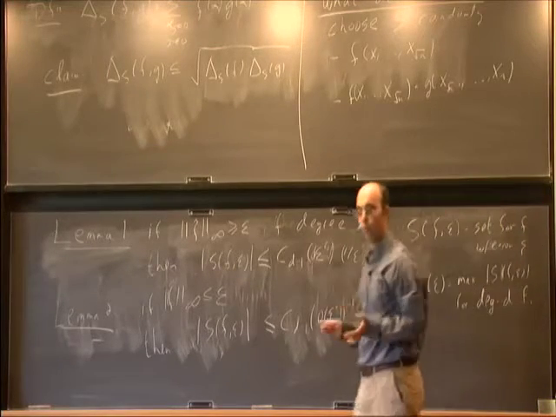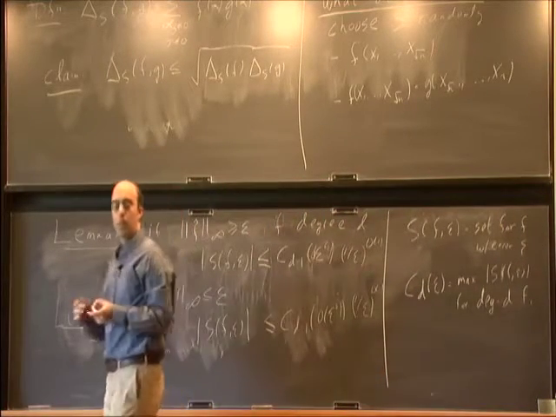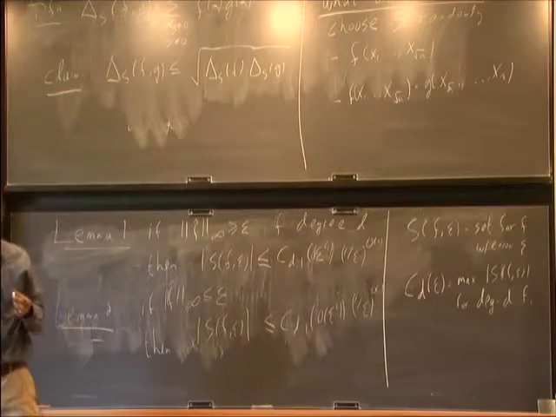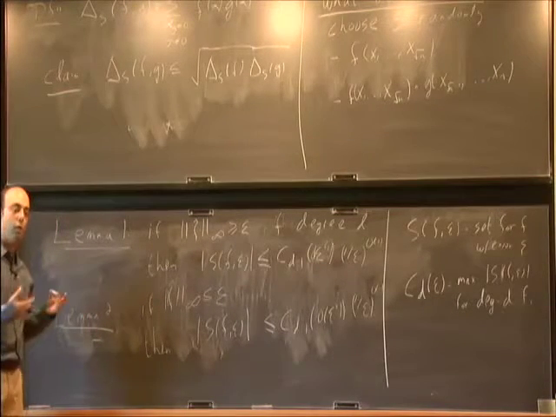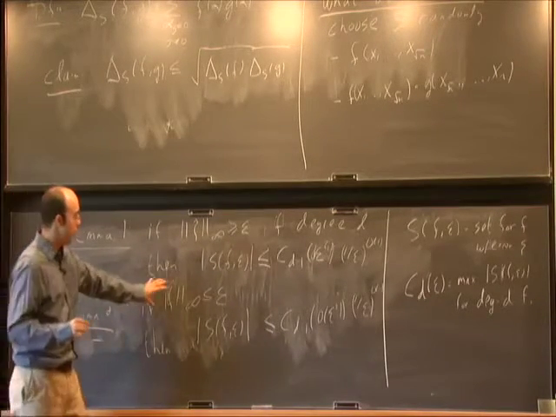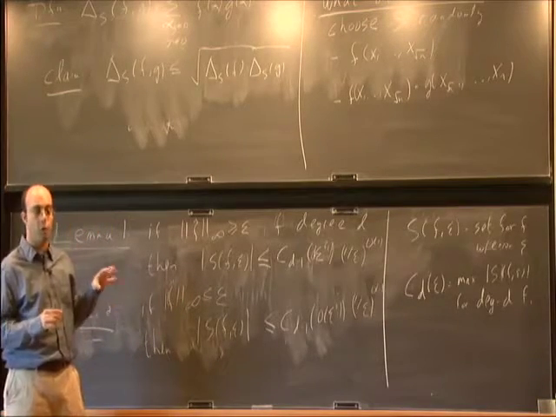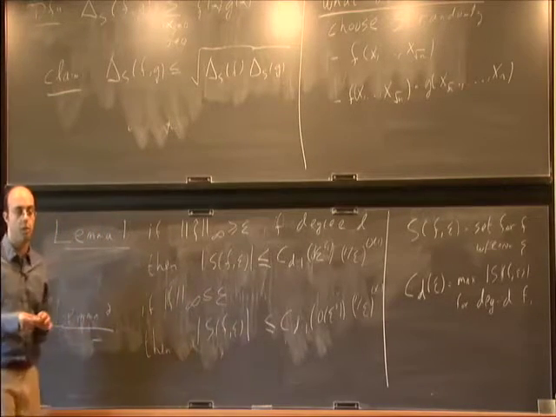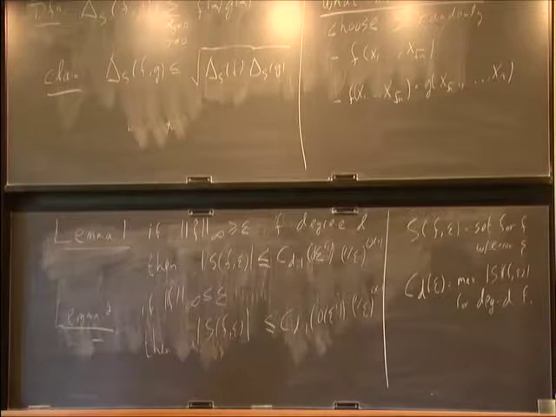You can show that if you have no large Fourier coefficients, then a random vector space will be nice. So let me just start with the first lemma.